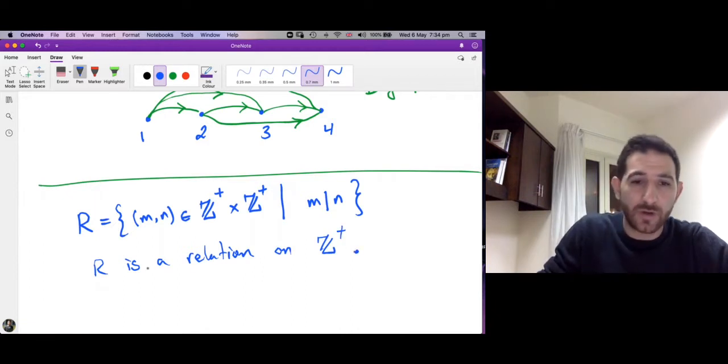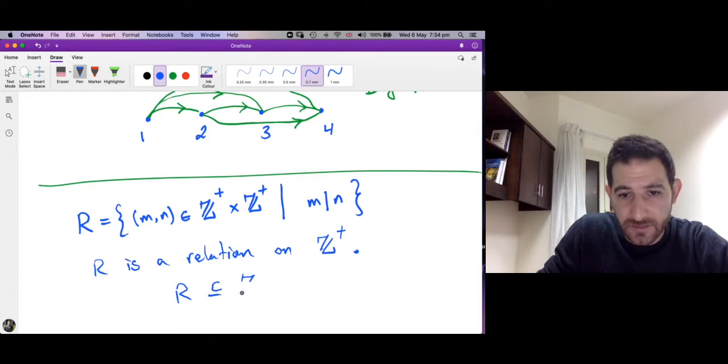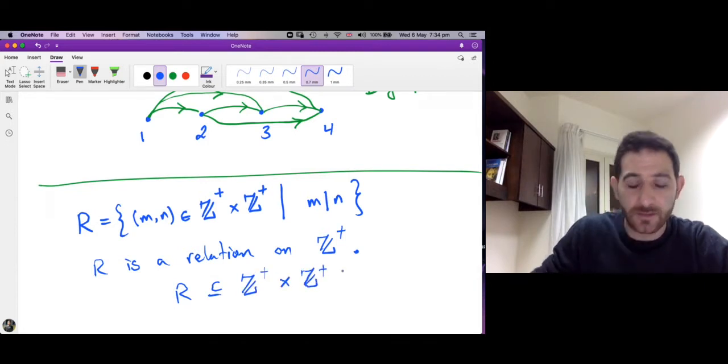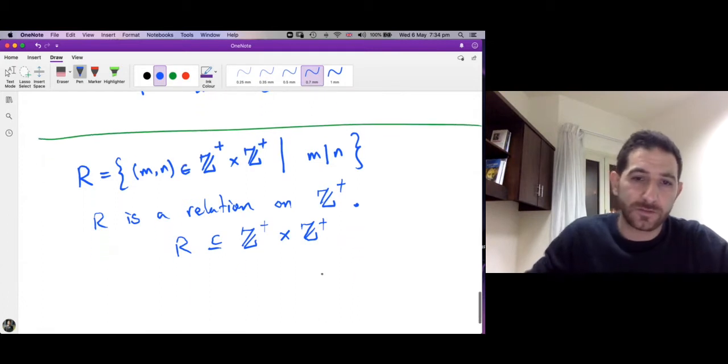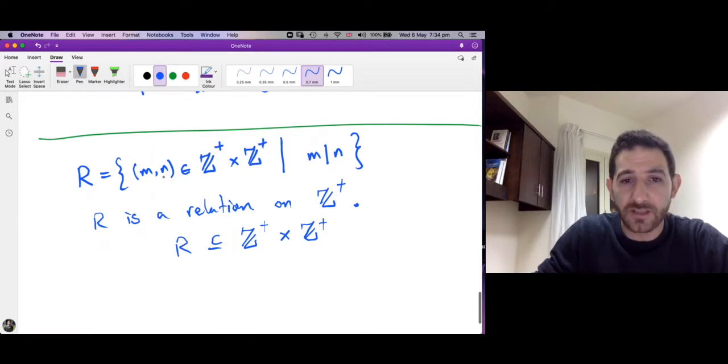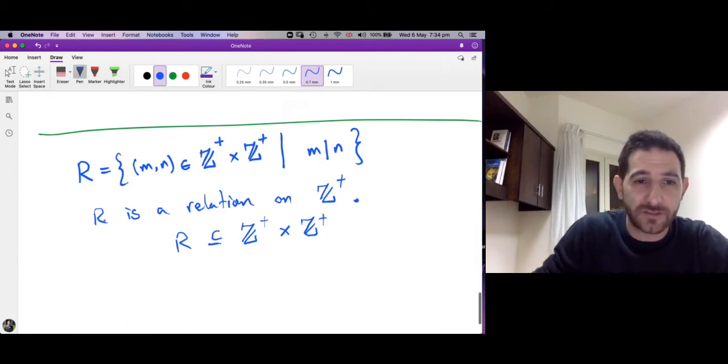Why is it a relation on Z plus? Because R clearly is a subset of Z plus cross Z plus. By definition, R is the set of all pairs of positive integers such that the first term in the pair divides the second. Let's have examples of elements of R.